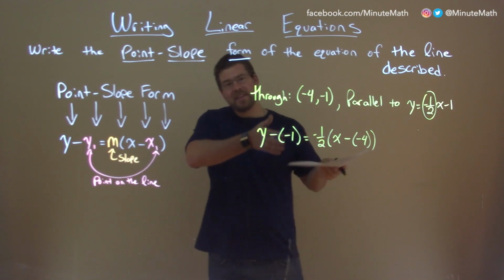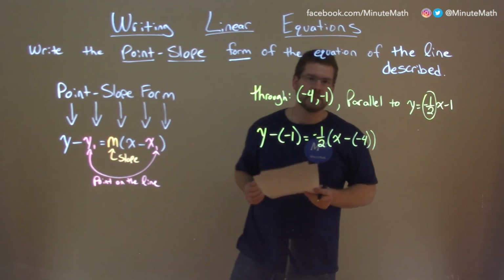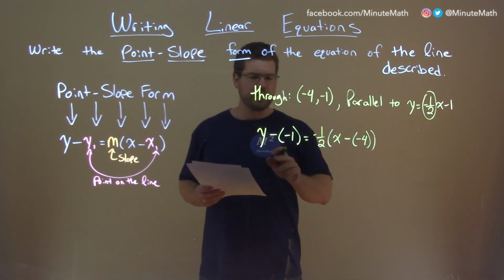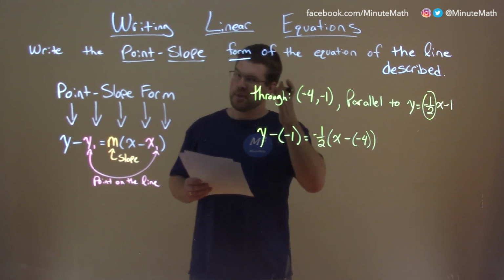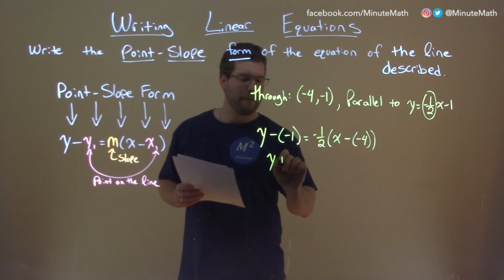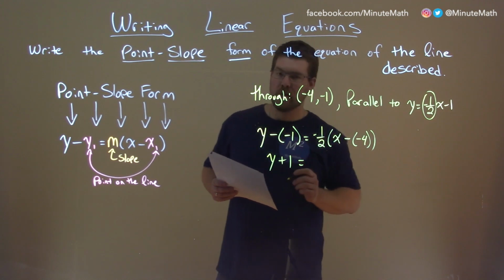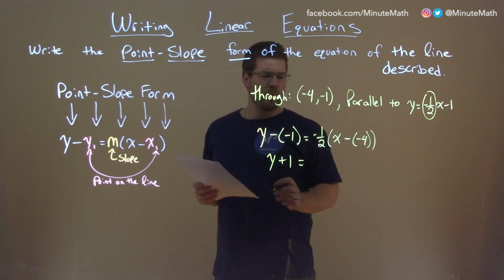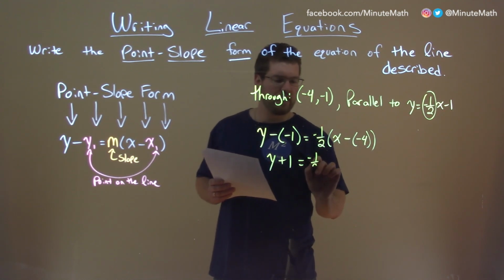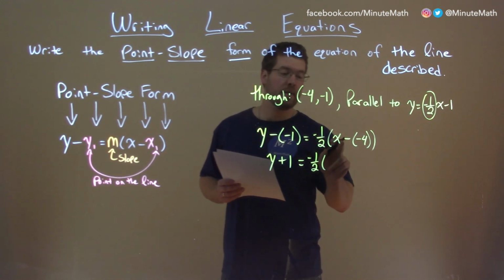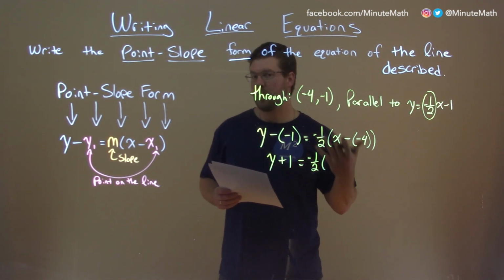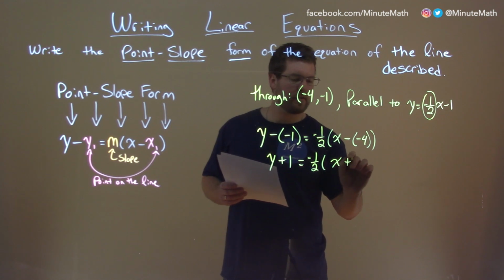And now we have it in point slope form, but it's not simplified. Let's make it nicer. Y minus -1, 2 wrongs make a right. So we have y plus 1. Well, in mathematics, not in real life. So y plus 1 here. Then we have a -1/2. And we're going to do the same thing here. Minus a -4 is adding a +4. So we have x plus 4 here.